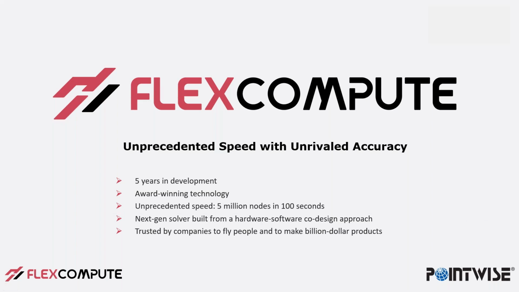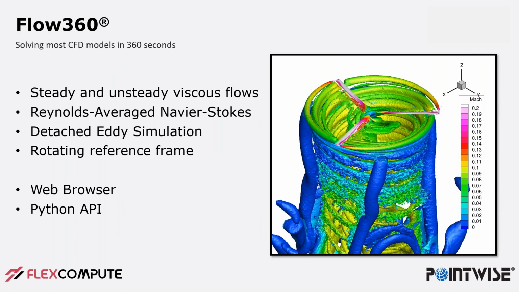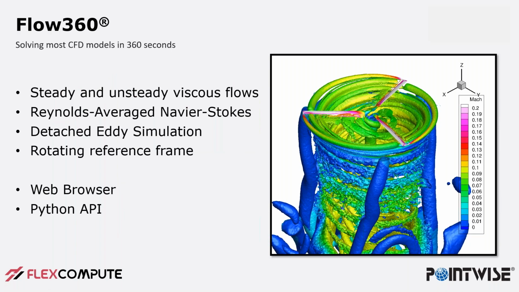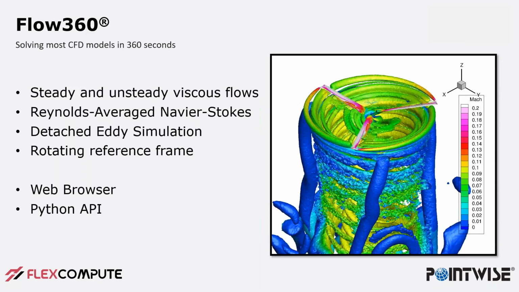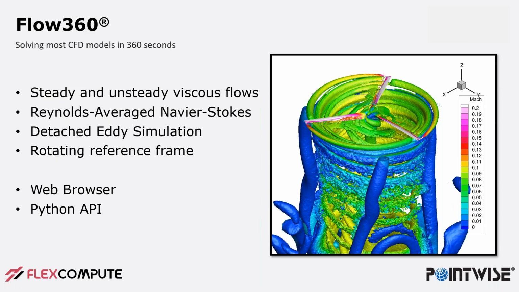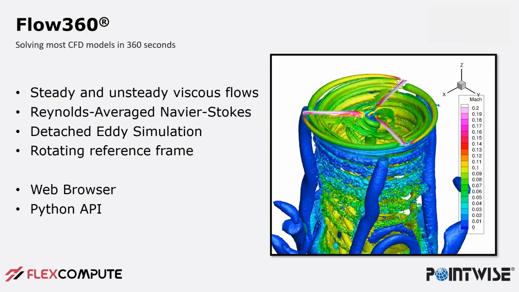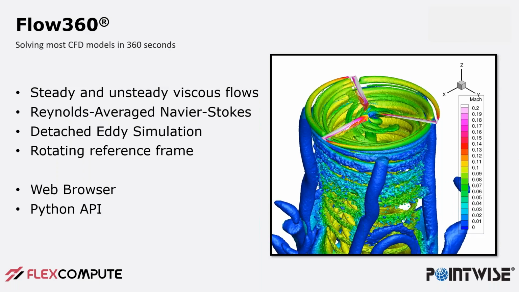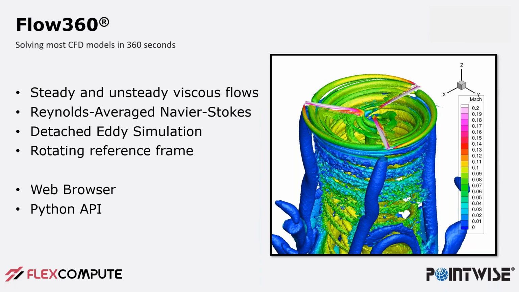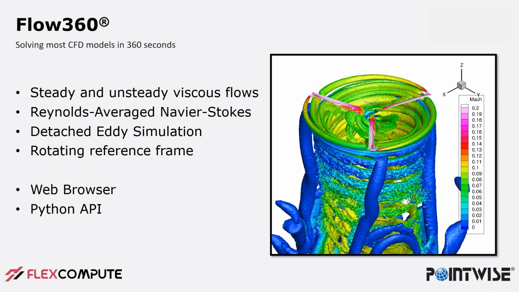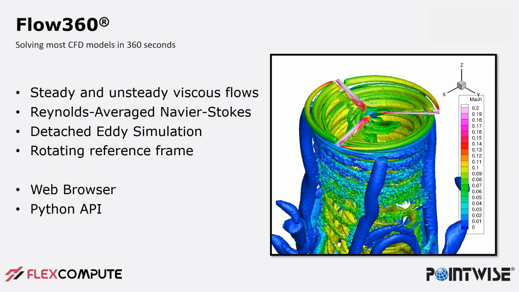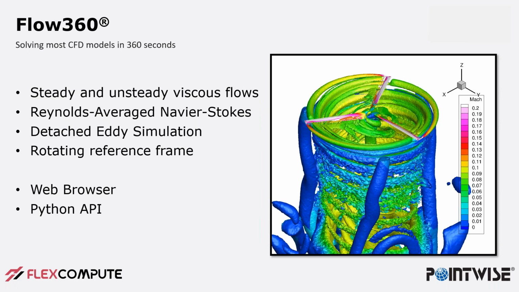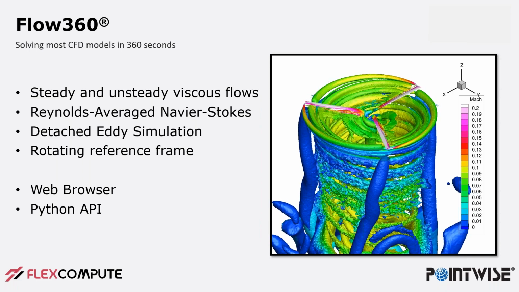Flow 360, go to the next slide, please, is the product we are demonstrating today. It solves a lot of CFD models with the goal of 360 seconds. So what we do is we solve steady and unsteady Navier-Stokes equations using Reynolds-averaged Navier-Stokes turbulence models, as well as detached eddy simulations.